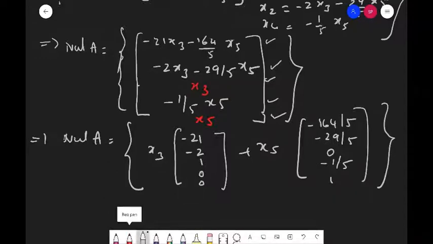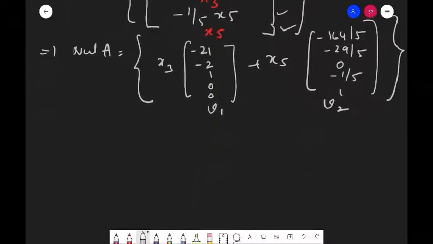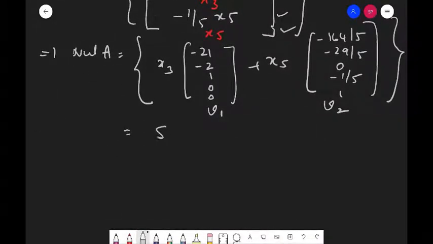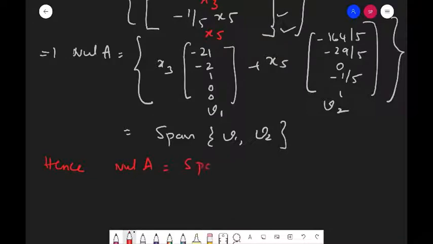So if I take these two as v1, v2, then I can write this is equal to span of v1, v2, and hence I can say that null A is spanned by v1, v2, and therefore a basis for null A is v1, v2.